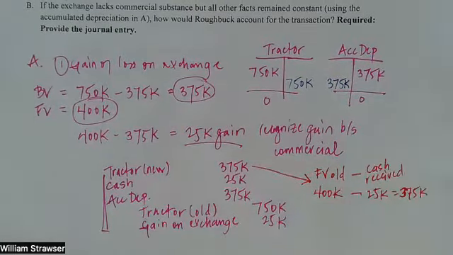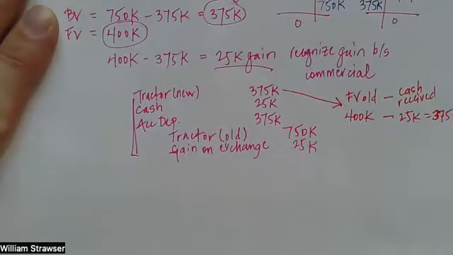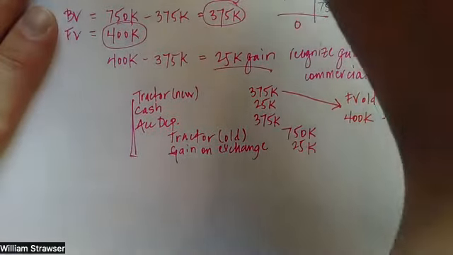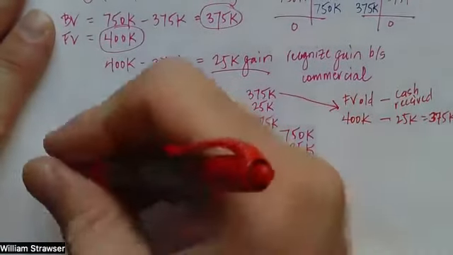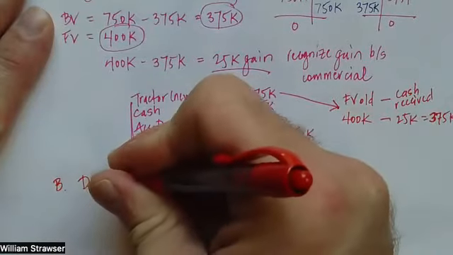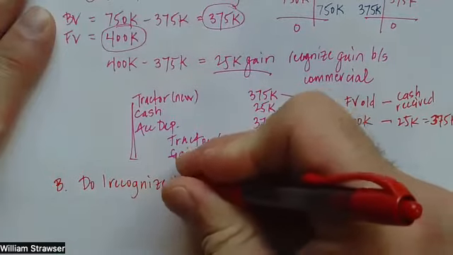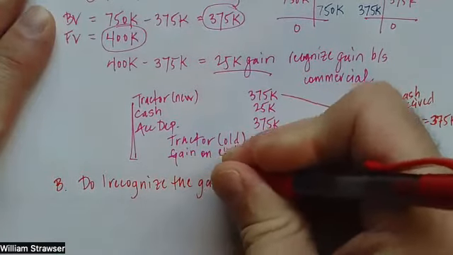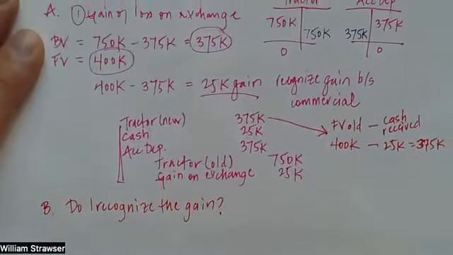Now, what is going to be different though is the determination of whether I can recognize a gain on the transaction. Now remember, the gain is contingent on the commercial substance first. So do I recognize the gain? I know I have a gain because no other facts of the problem changed.